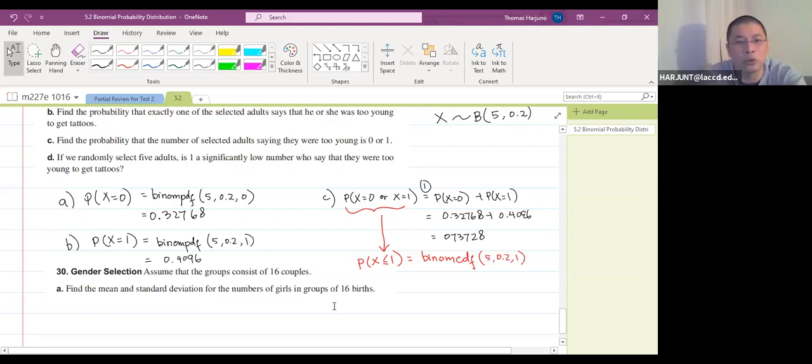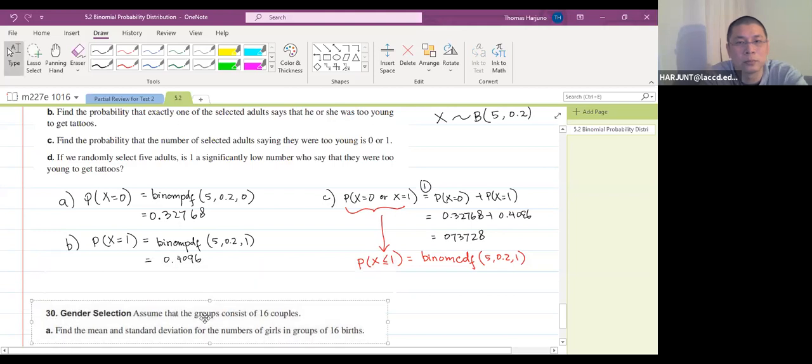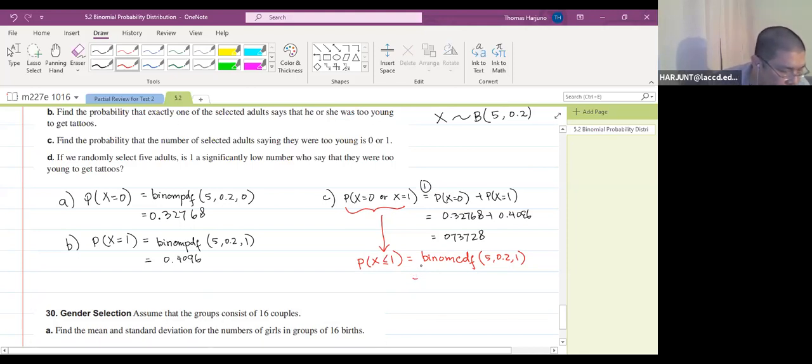That's one way to do it. Let's see, we expect 0.73728.